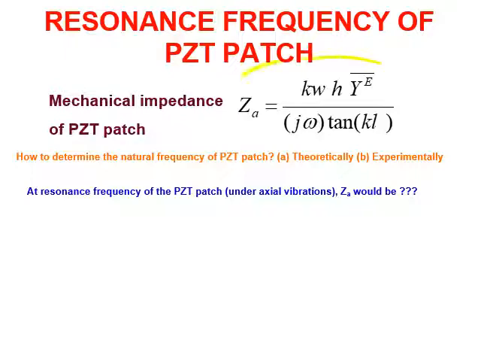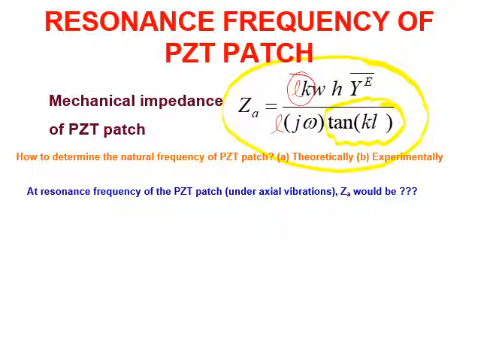This equation we have to make use of, and here the main term is tan KL by KL. So one L can be added here at the top, and then we can add one L in the denominator.